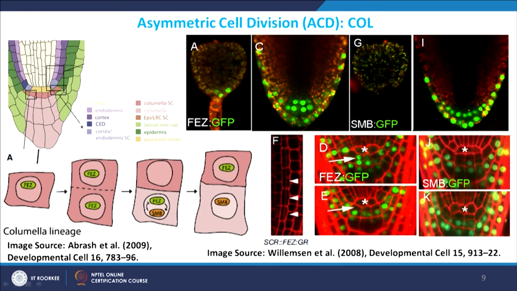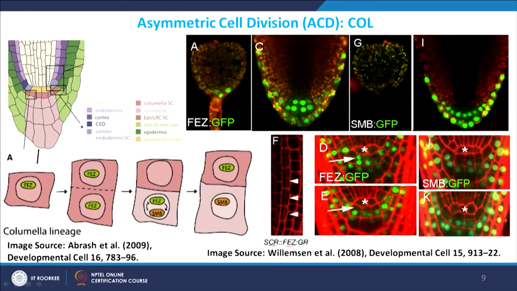And when you overexpress this FEZ protein in the endodermis, so you are using the SCARECROW promoter, you can see there is an additional round of periclinal cell division. So, this supports the previous observation that FEZ is important for periclinal cell division. In the mutant that cell division is decreased, but when you overexpress, additional cell division takes place.